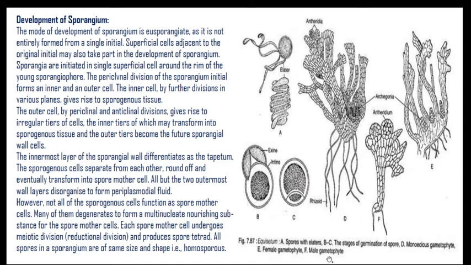In this way, there is a development of two different types of gametophytes, with archegonia and antheridia.